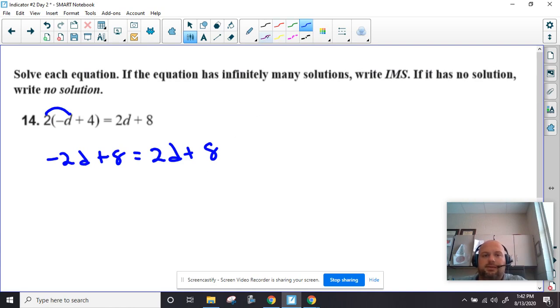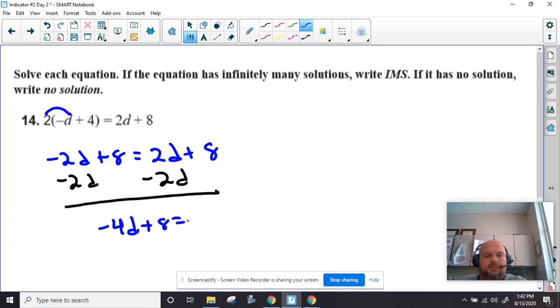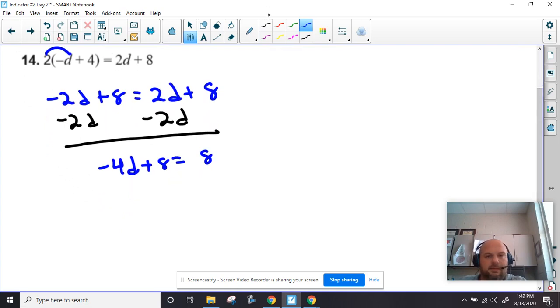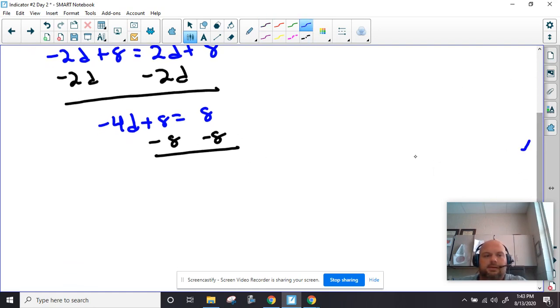These are not the same, so I keep going. Minus 4d, plus 8, plus 8. Minus 8, minus 8. Negative 4d equals 0.